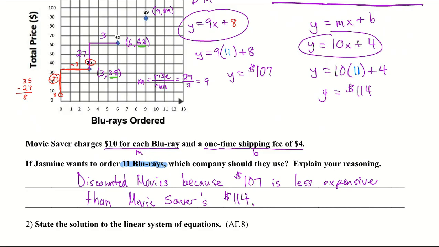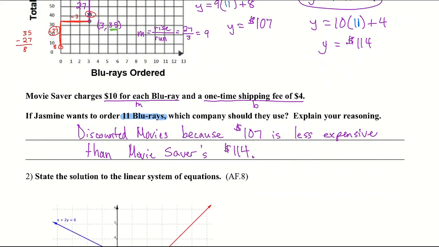There we go. Discounted movies because $107 is less expensive than Movie Saver's $114.